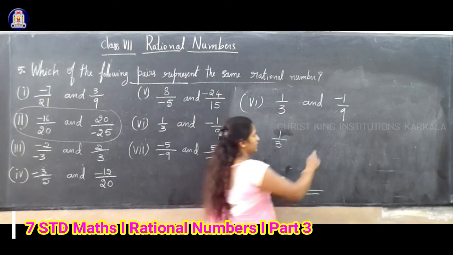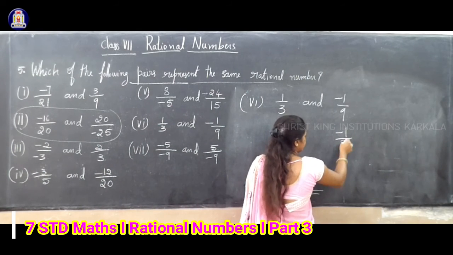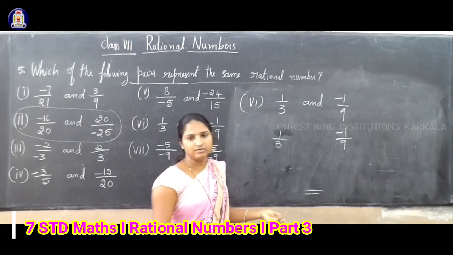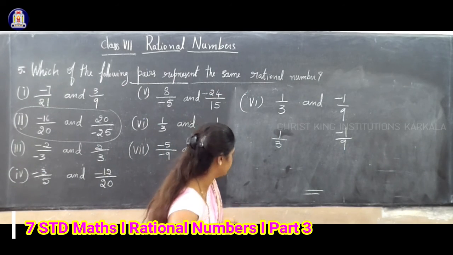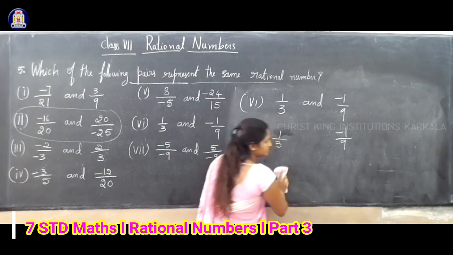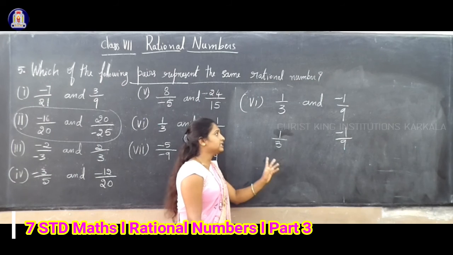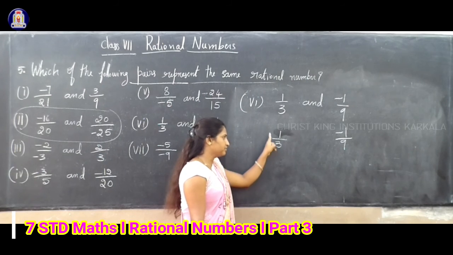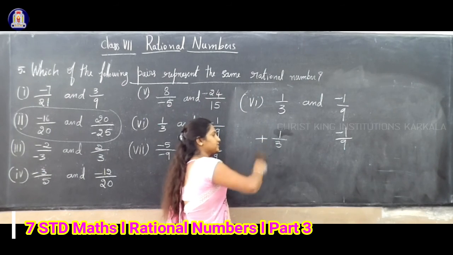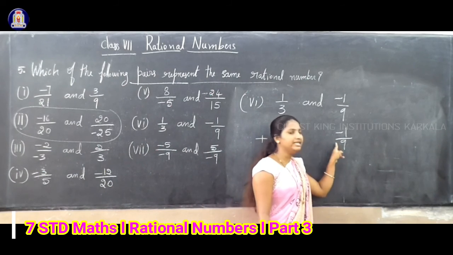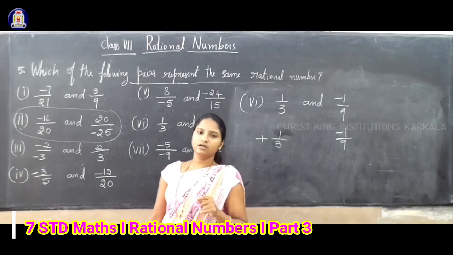On the other side, minus 1 by 9. This also is not divisible by any number. So the final answer is minus 1 by 9. The sign is plus here, so plus 1 by 3, and here the sign is minus.